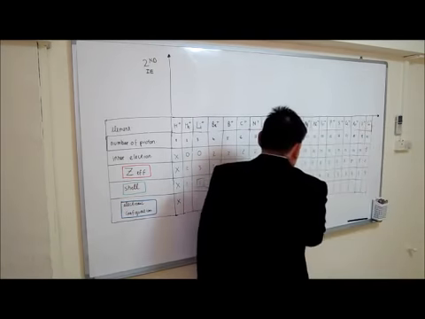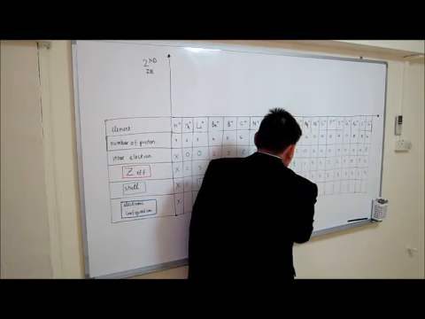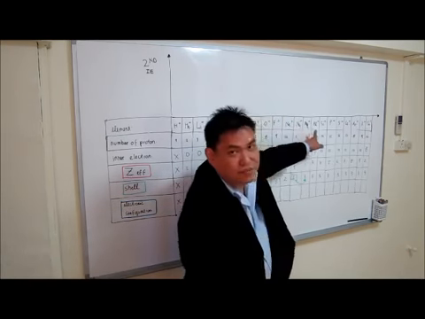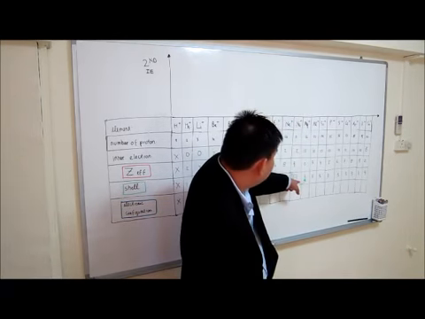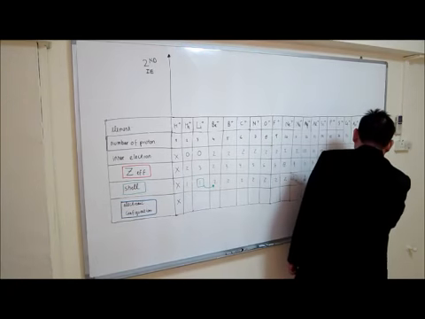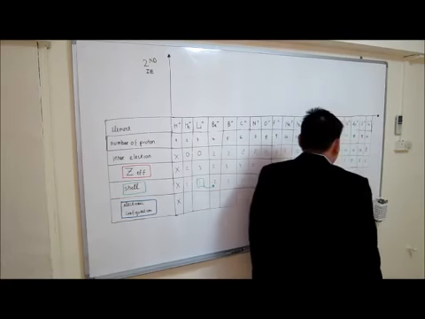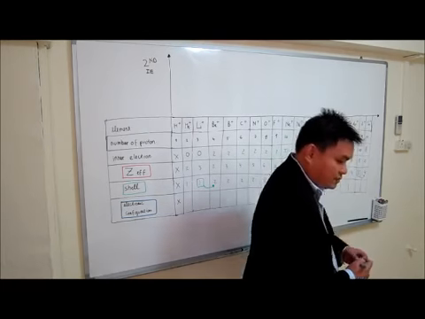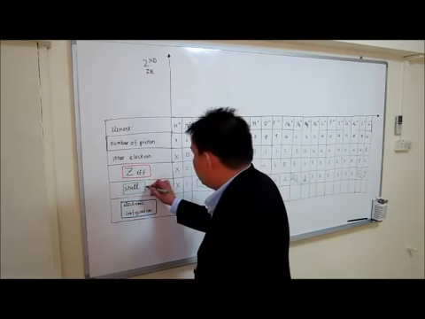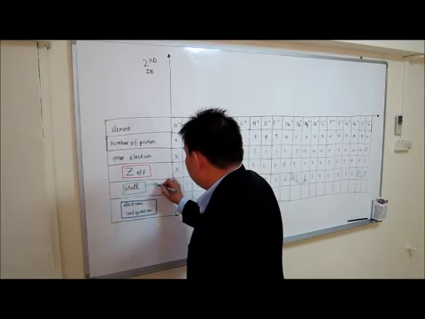Same thing happens from Na+ to Mg+, there will be a lot of decrease here. And from K+ to Ca+ also there will be a big decrease. So this one, significant decrease.